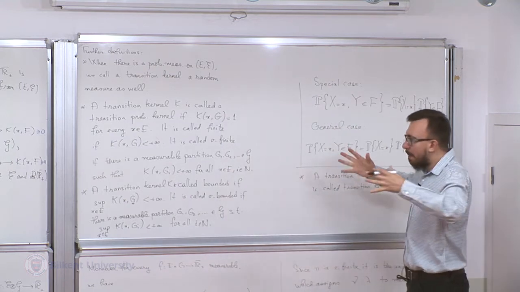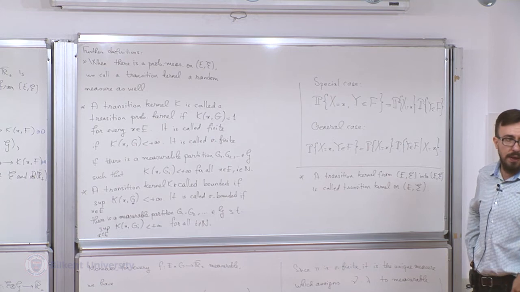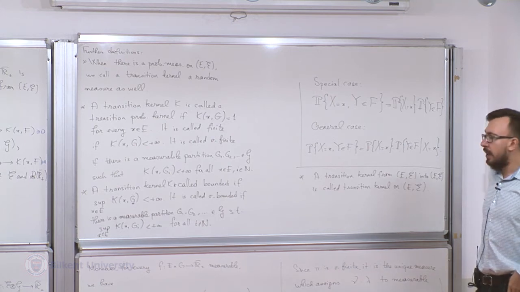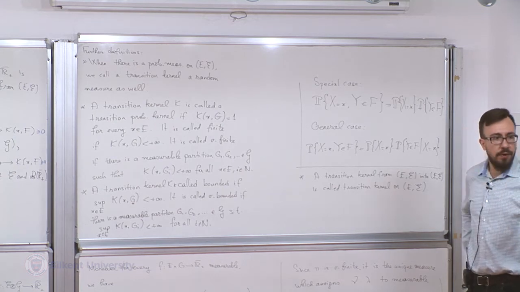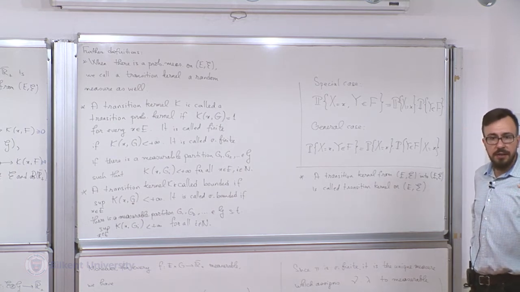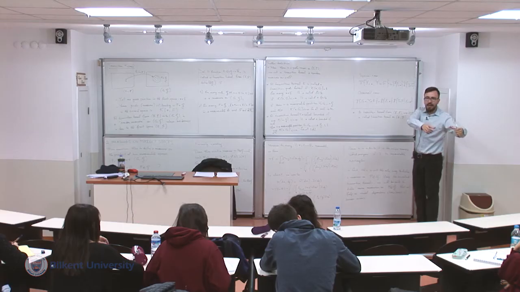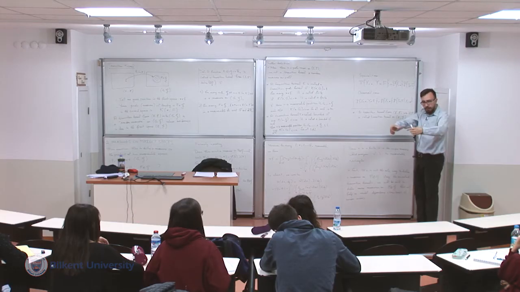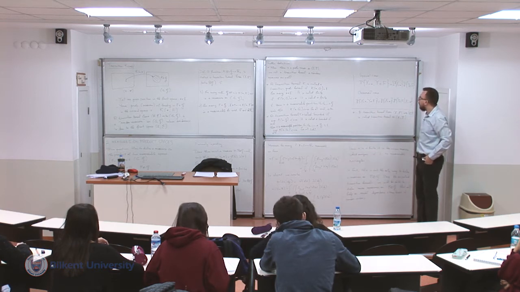So maybe it is not a bounded kernel, but it is sigma bounded. Okay? In other words, you can chop down your second space into some partitions, G1, G2, etc. And over G1, your kernel is bounded. Over G2, your kernel is bounded, etc., etc. This is sigma boundedness.